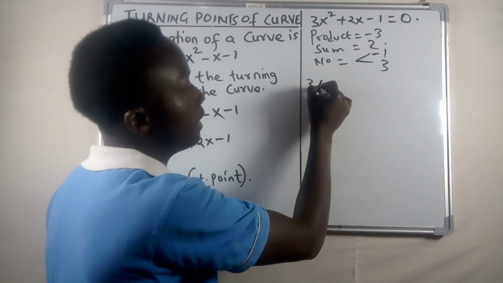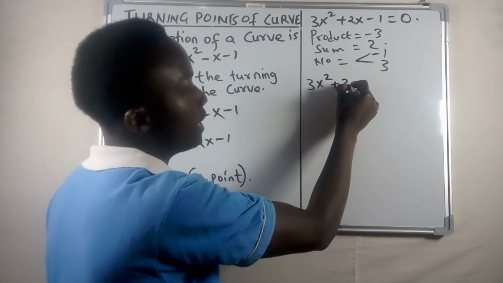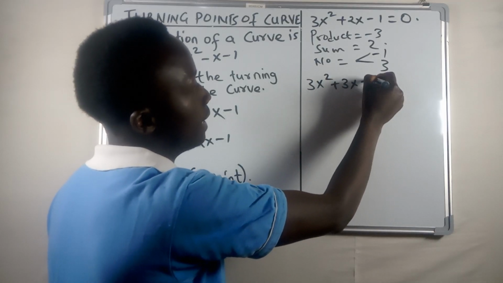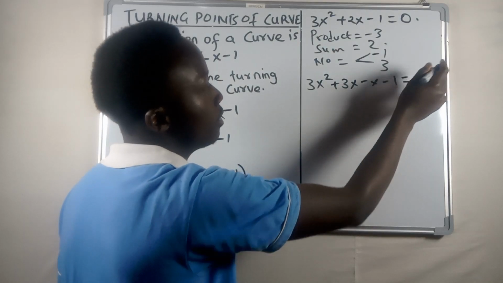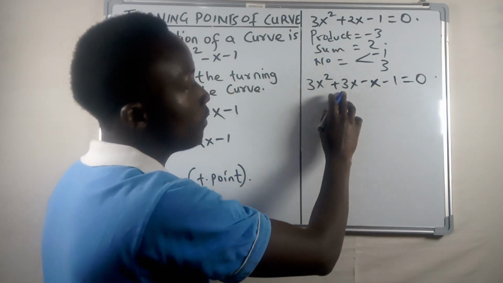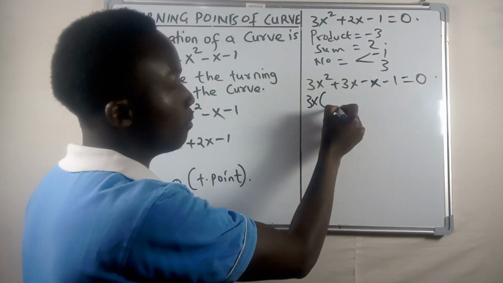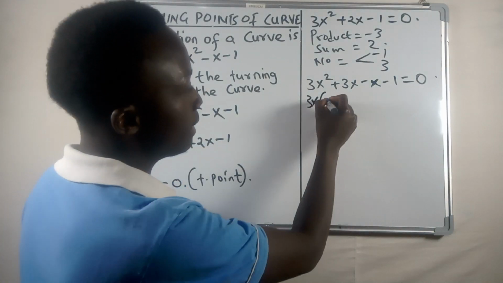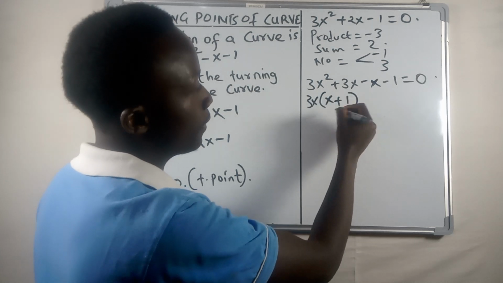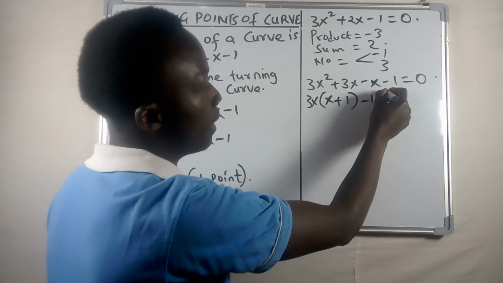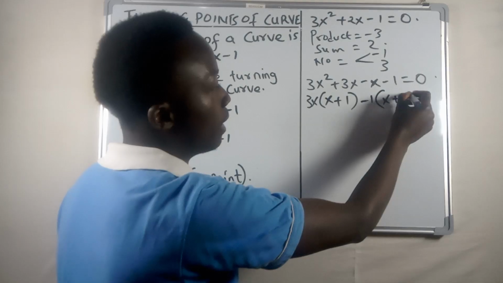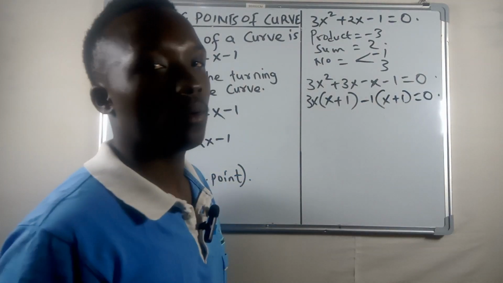So it's going to be 3x squared plus 3x minus x minus 1 equals 0. We can proceed to factorize each part, and we are going to get 3x into bracket x plus 1, then the other one will be minus 1 times x plus 1, equals 0.